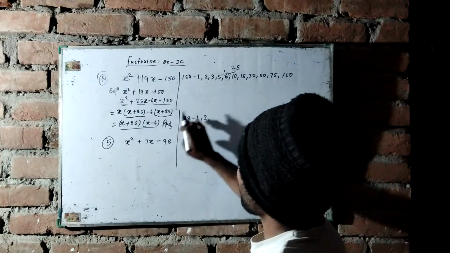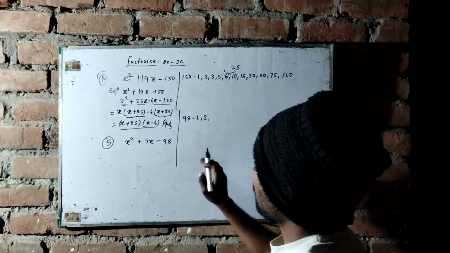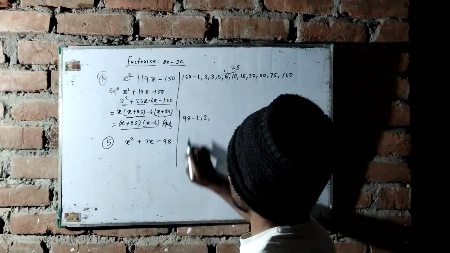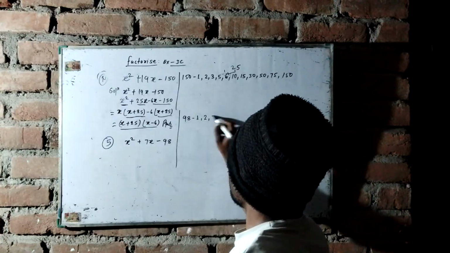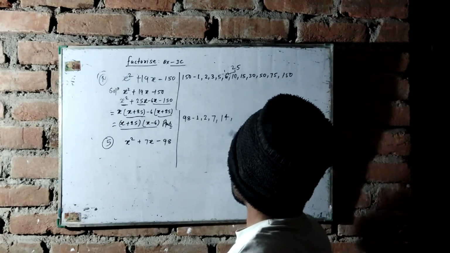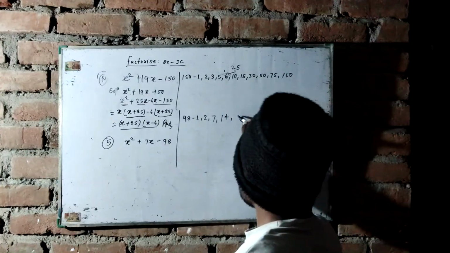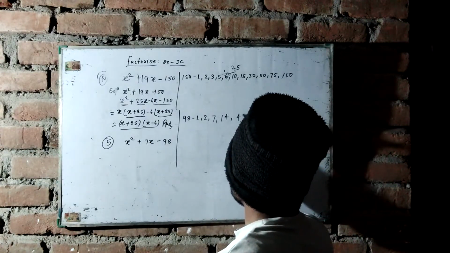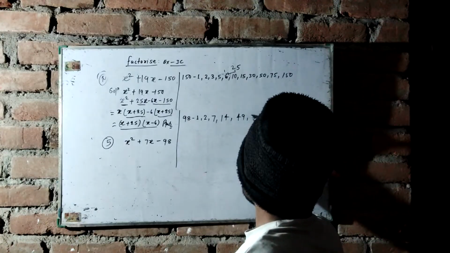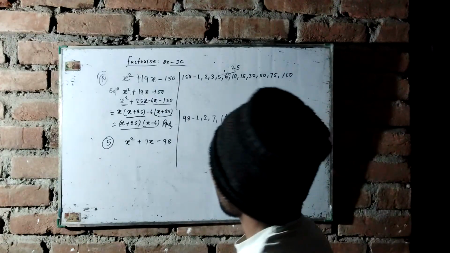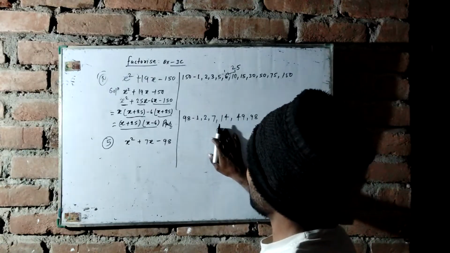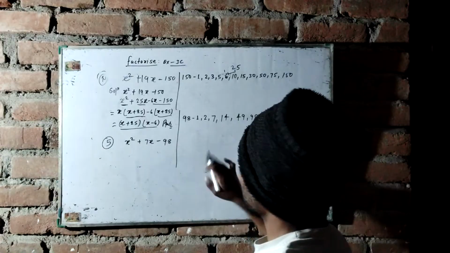It is not divisible by 5, so we check divisibility rule 6, and it is not divisible by 6, so it is divisible by 7, and 14, and 49, and 98.